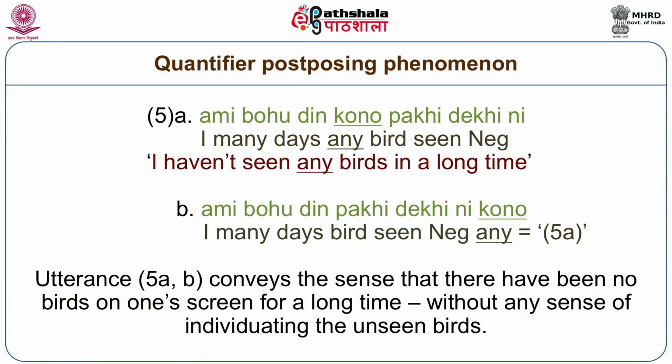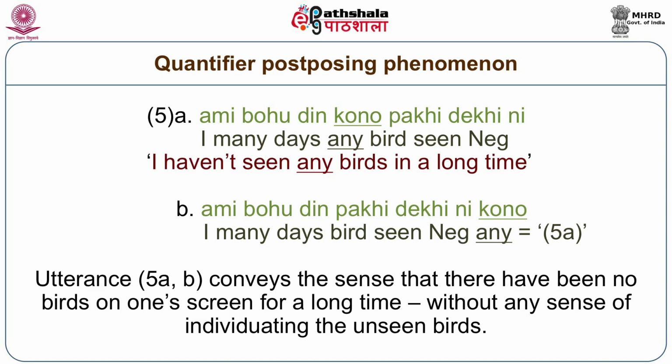In 5, you find that if you start with the sentence, I haven't seen any birds in a long time, with birds carrying 0 case marking, in Bangla it comes out as Ami, I, Bohudin, a long time, Kono pakhi, any bird, Dekhini, haven't seen.